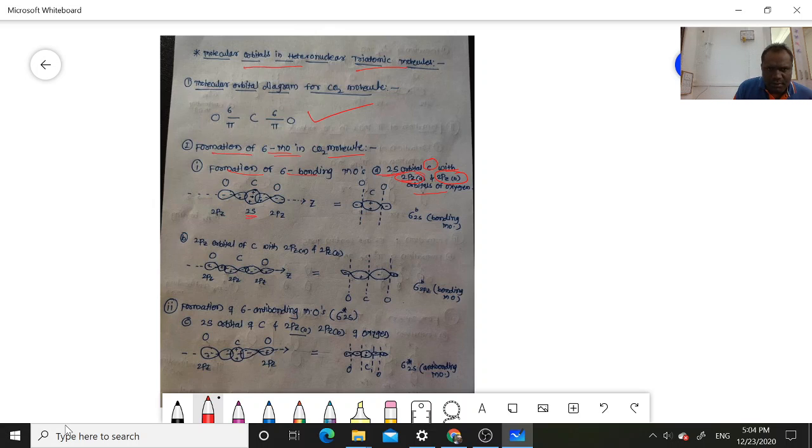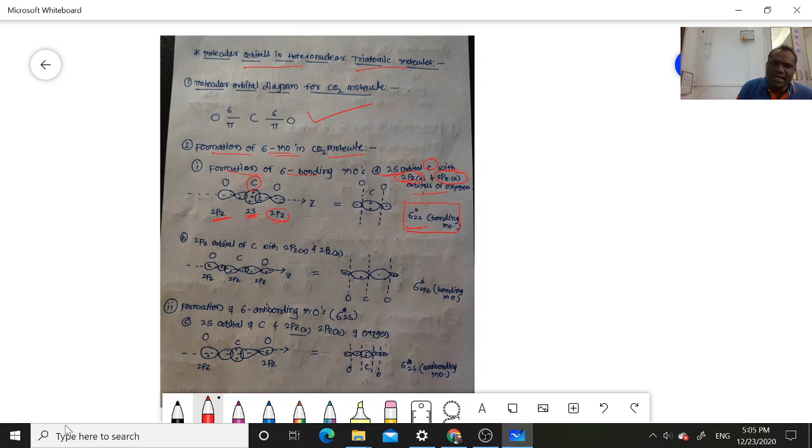This is the 2s orbital of the carbon atom, and the 2pz orbitals of the two oxygen atoms combine together, which forms the sigma 2s bonding molecular orbital.